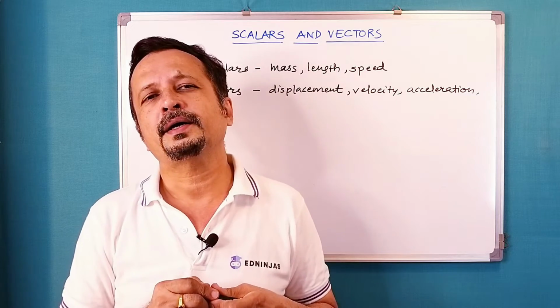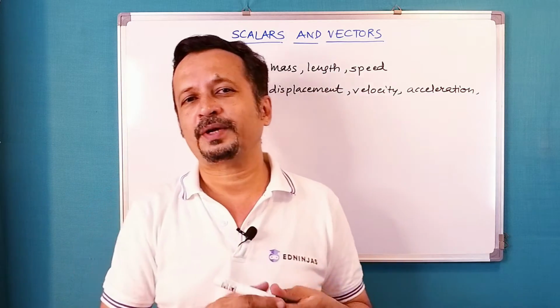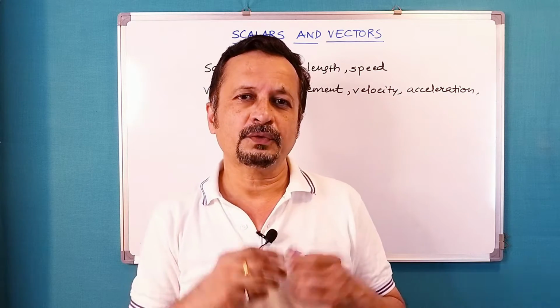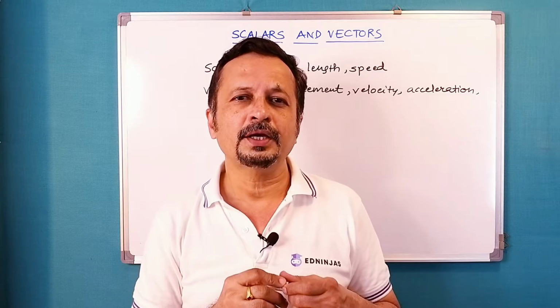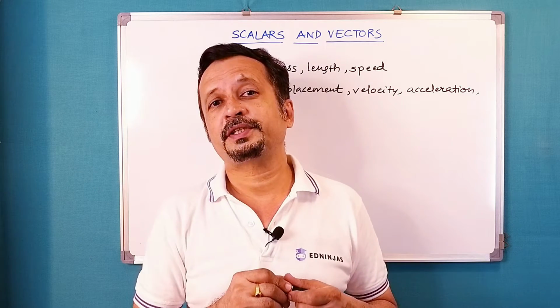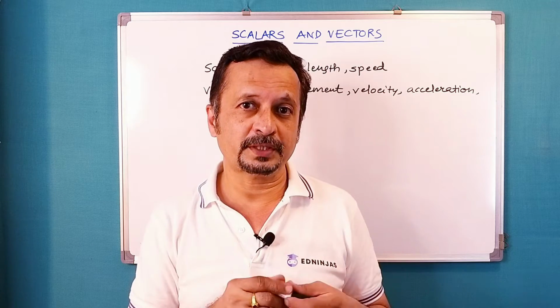Or you can multiply the acceleration vector by mass, and that would give you force, isn't it? Force is equal to mass into acceleration, Newton's second law of motion. Or you can multiply velocity by the mass of a body, that gives you momentum.